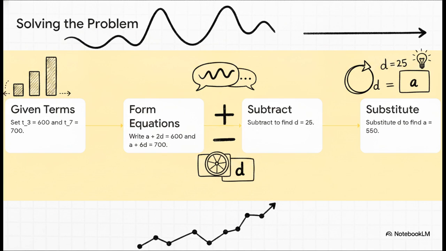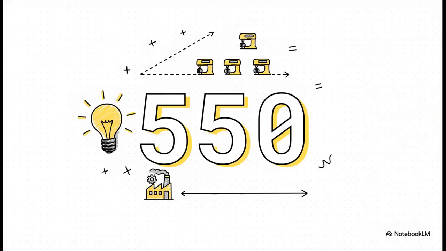Step 2, we form our equations. a plus 2d equals 600, and a plus 6d equals 700. Step 3, simply subtract the smaller equation from the larger one. The a cancels out perfectly, leaving 4d equals 100, which means our common difference d is 25. Step 4, substitute that 25 back into the first equation, and we isolate a. And there we have it, 550.